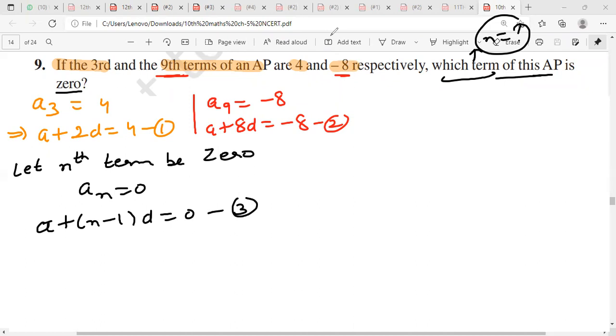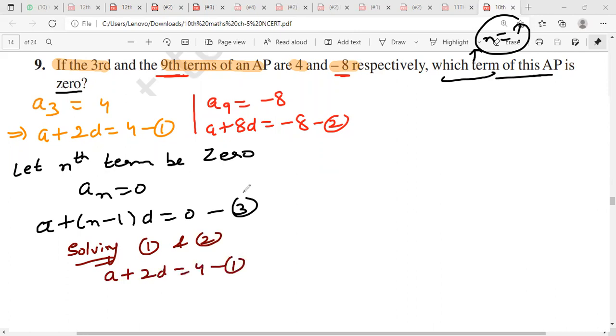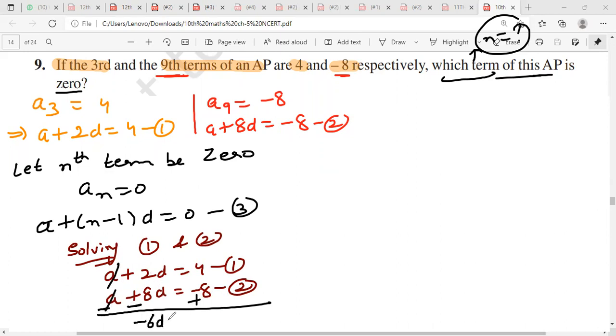Now first of all, what we will do, solving equations 1 and 2. That is a plus 2d equal to 4. a plus 8d equal to minus 8. So while solving this, it will be minus, minus and plus. a and a will be cancelled out. Minus 8 plus 2, that is minus 6d. 8 plus 4, that is 12.